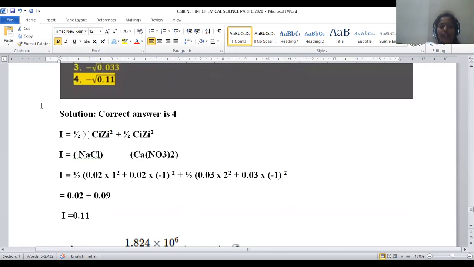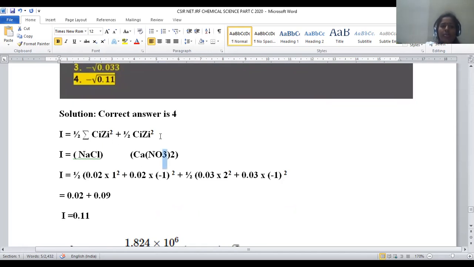For that purpose, we have ionic strength, I. The empirical formula for ionic strength is half into sigma Ci Zi square. C stands for concentration, Z stands for the charge present on the ion.